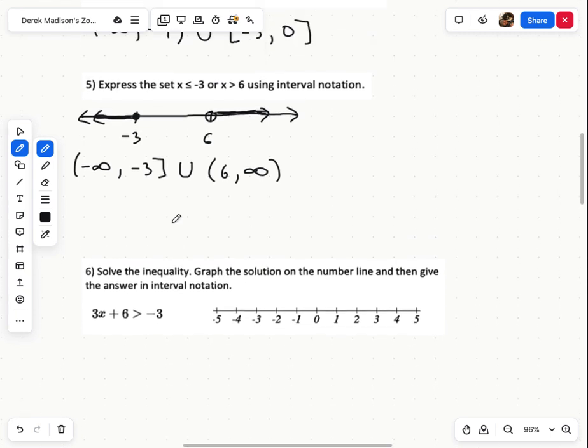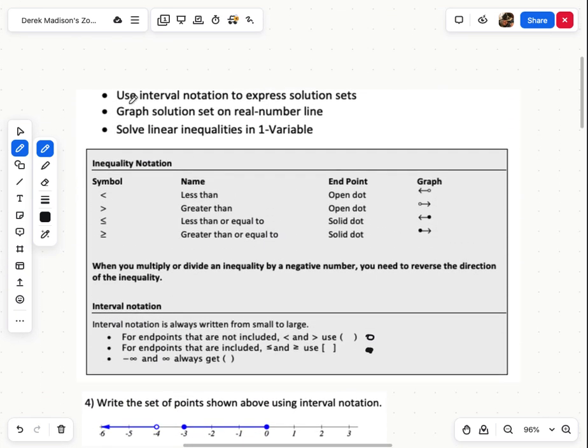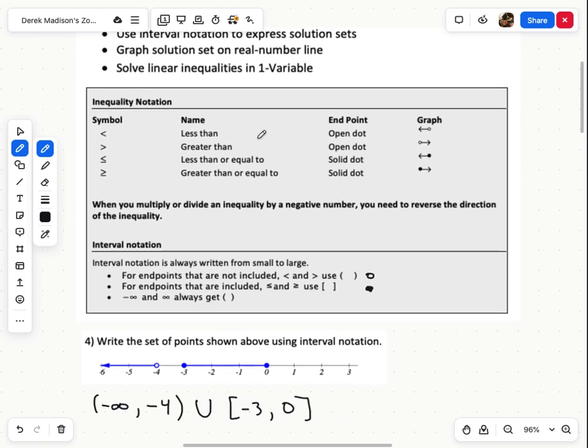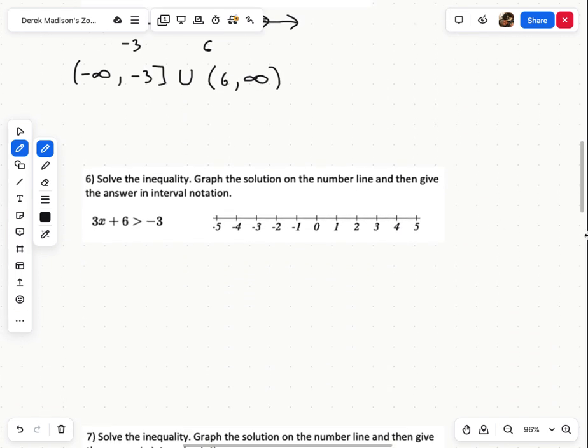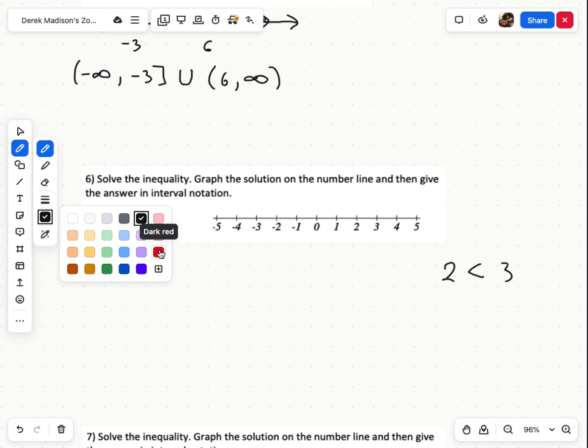Number 6, so this is getting into the third point here where we're going to solve linear equations in one variable. Let me go ahead and talk about why when we multiply or divide by a negative, we have to reverse our inequality. So let's say I have 2 is less than 3. That is a true statement. 2 is absolutely less than 3.